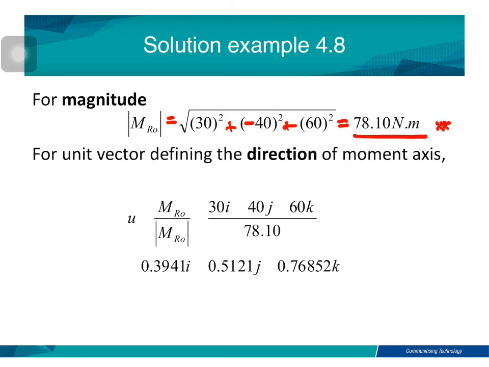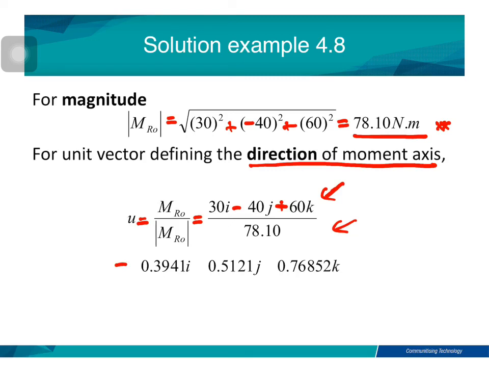Now we need to determine the direction of the moment. The direction is equal to the vector divided by its magnitude. When we talk about direction, the formula is the same: this is the vector and this is the magnitude. So 30 negative 40 plus 60 divided by its magnitude.